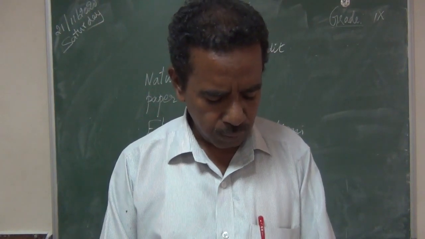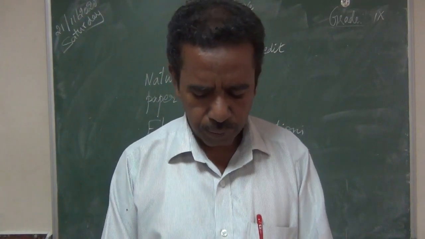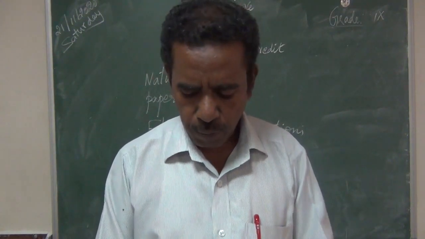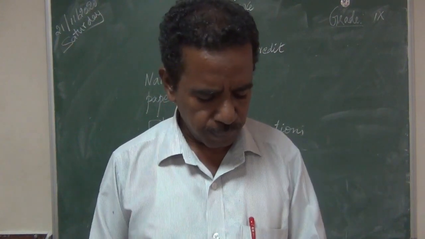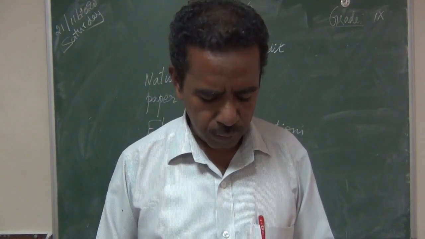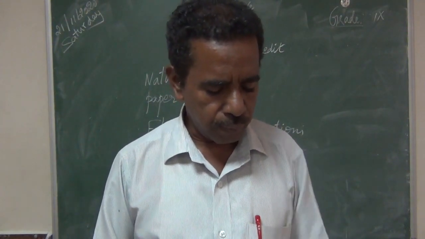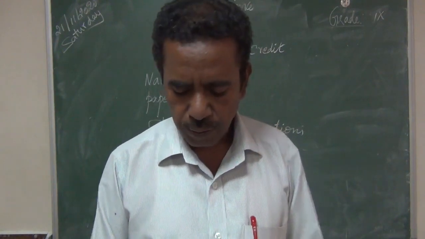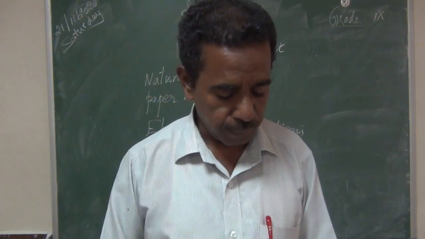Then the fifth one, the thesis about money by B.R. Ambedkar is The Problem of the Rupee, Its Origin and Solution. That is found in the book. You can see it in one of the boxes given. The Problem of the Rupee, Its Origin and Solution, that is the answer.